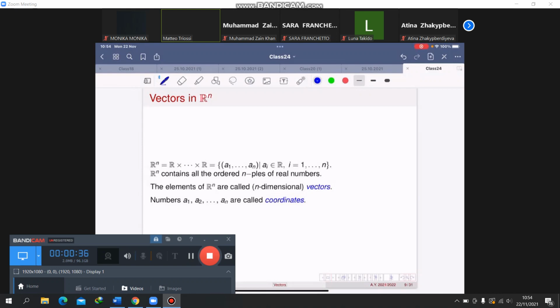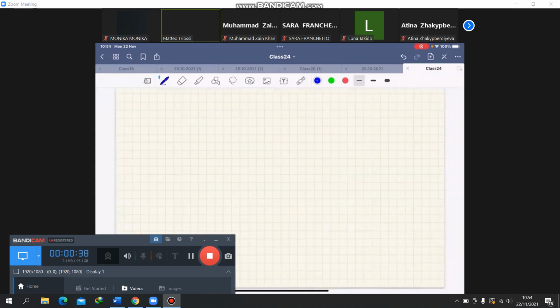Whether you are used to it or not, a vector is simply a point in Rn.